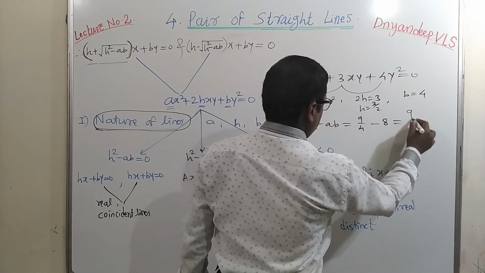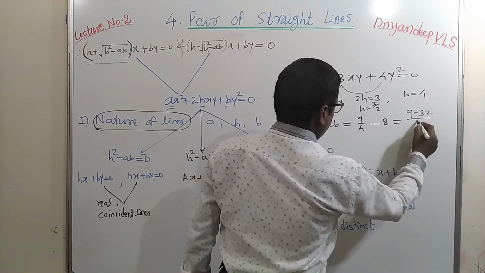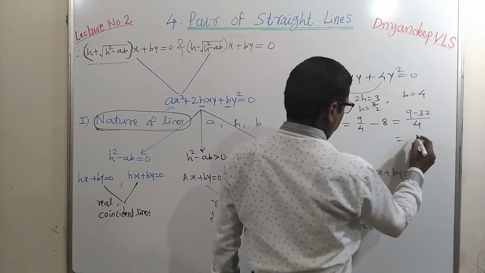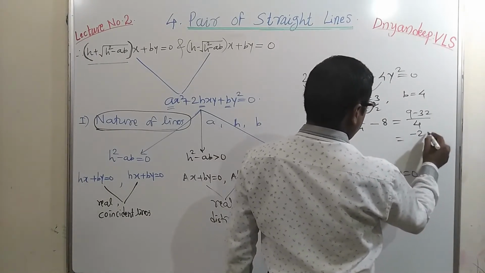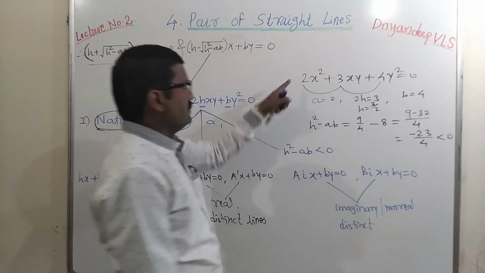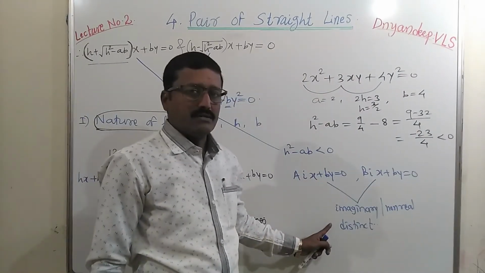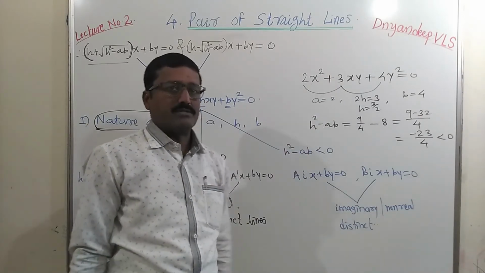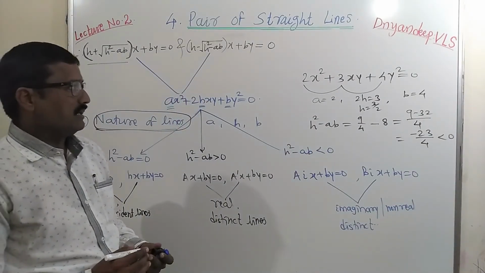So it is 9 minus 32 upon 4. So it will be minus 23 upon 4, which is negative. So this equation represents imaginary lines, or this equation does not represent two real lines.